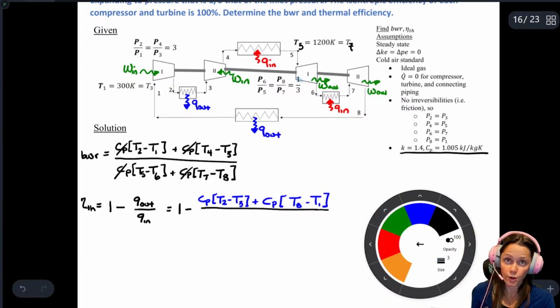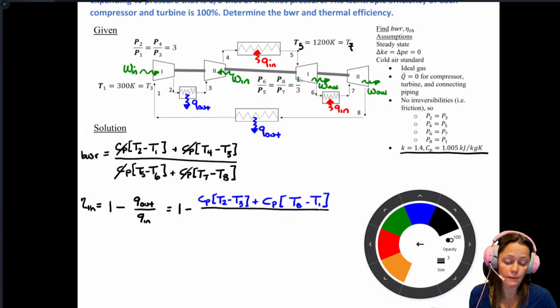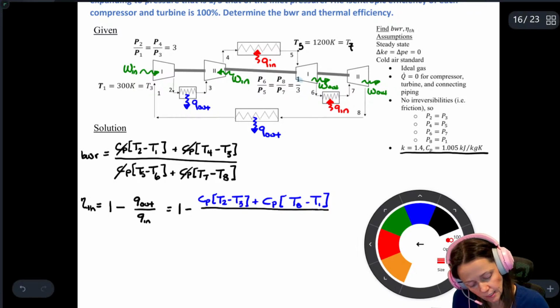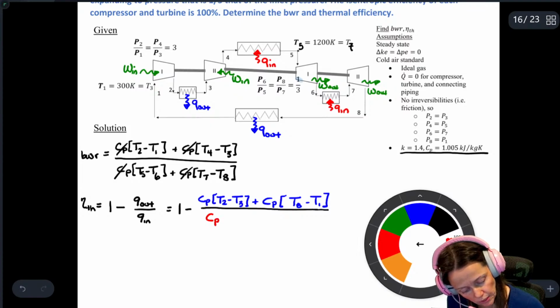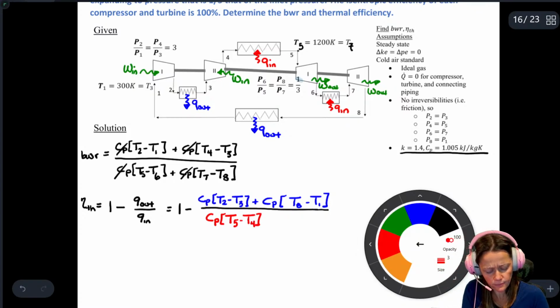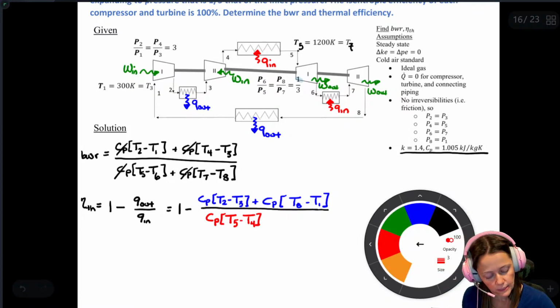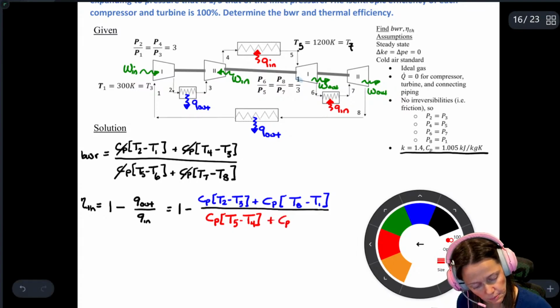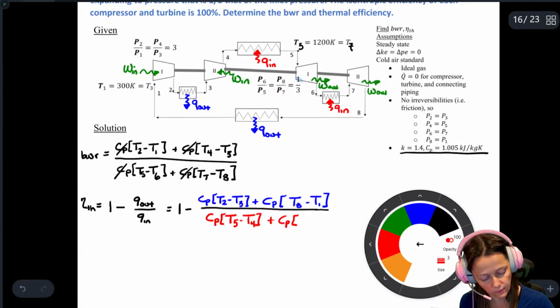You're wondering, why is it 8 minus 1, not 1 minus 8? Apply your first law for an open system to that heat exchanger down there at the bottom and figure it out. And then your Q in is going to be between 4 and 5, so CP (T5 minus T4) plus CP, and between 6 and 7, so (T7 minus T6).